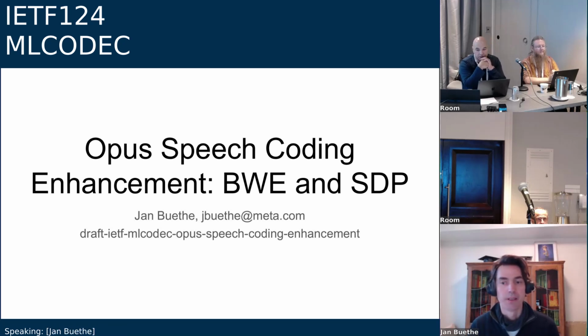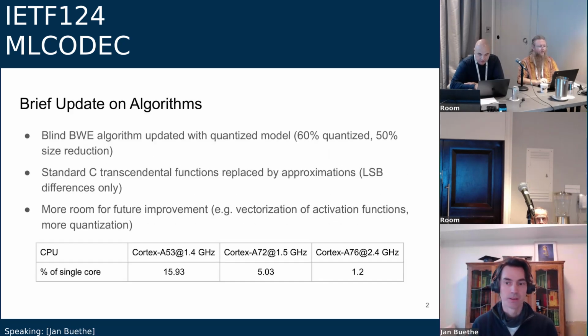Hi. I want to give a brief update on the speech coding enhancement, a bit about the bandwidth extension that I talked about last time, and now, right on cue, also some considerations for SDP. Next slide, please. On the algorithmic side, there has been some tuning of the bandwidth extension algorithm.